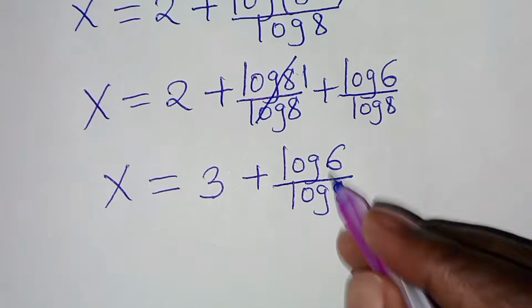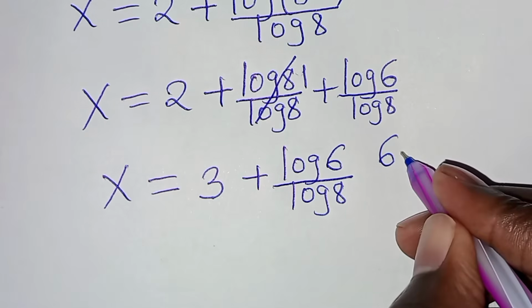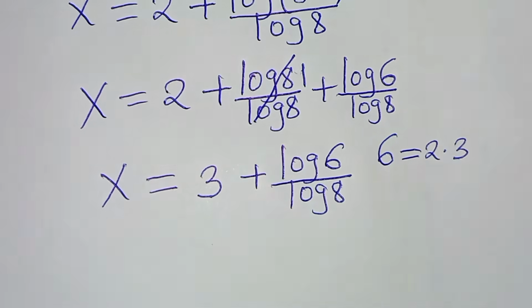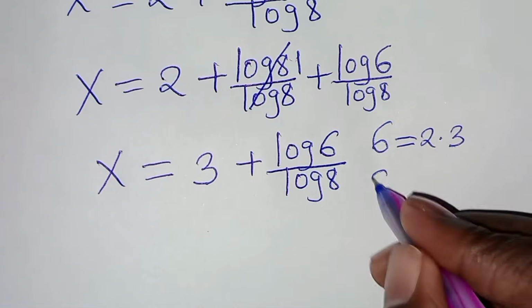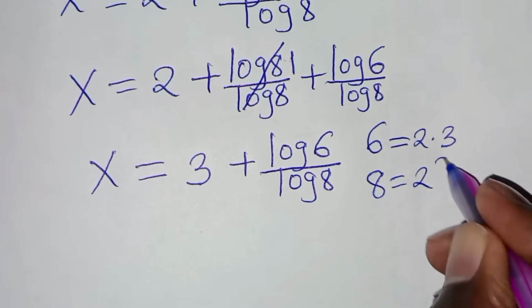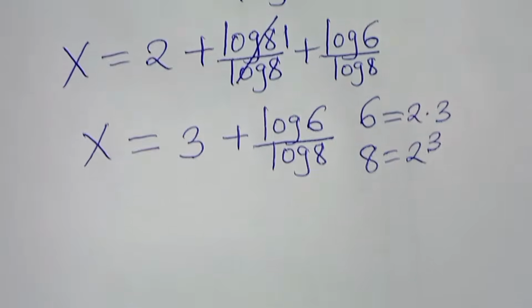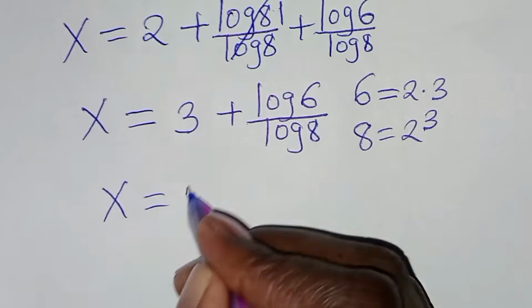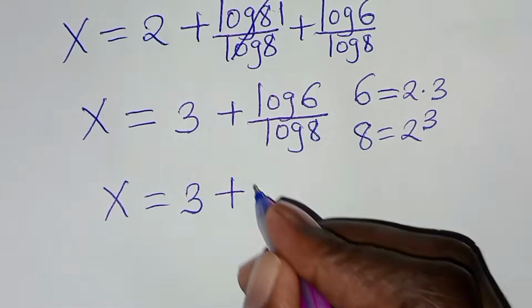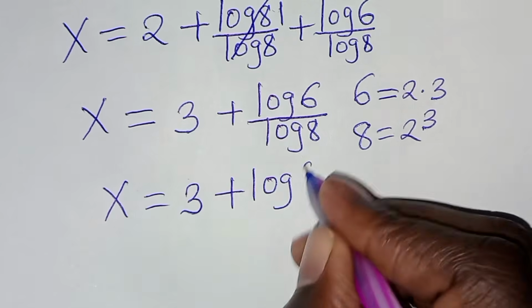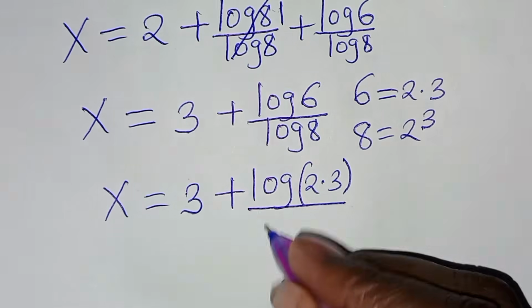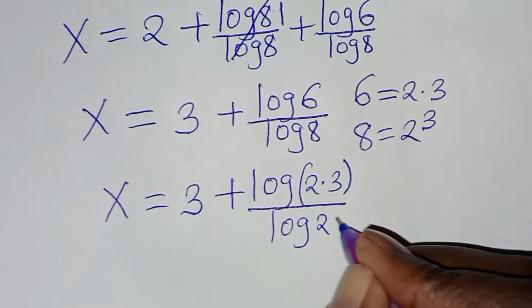Now the next step from here, we can express 6 as 2 times 3, and we can express 8 as 2 to the power 3. So let's substitute this, we'll have x equal to 3 plus log 2 times 3 divided by log 8, which is log 2 to the power 3.